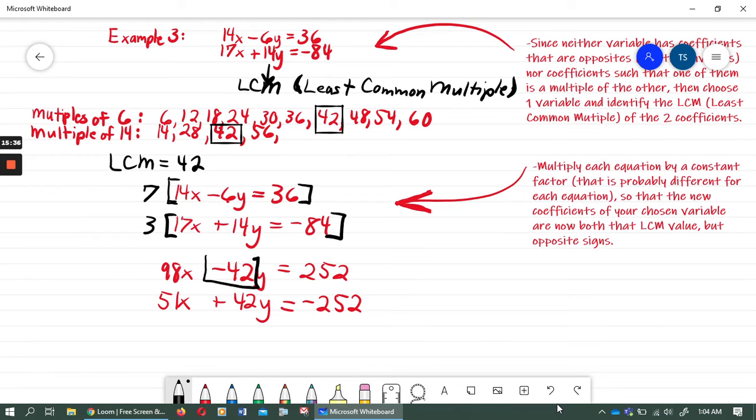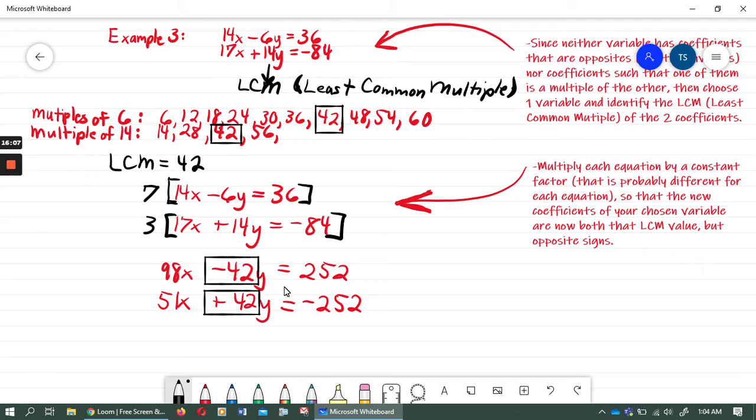They are the same thing as the least common multiple that we had, and they are opposite signs. You can see here that one of them is positive 42, the other one is negative 42, right? So again, now that we've got that same number for this variable, but they're opposite signs, now we can add these two equations together.